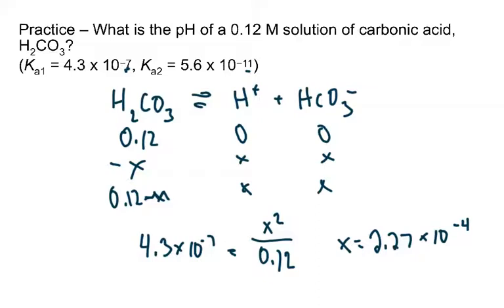And then if you think about that, that would be your H+ concentration in the second ionization. And if your H+ is that high, you're going to push back towards the products.